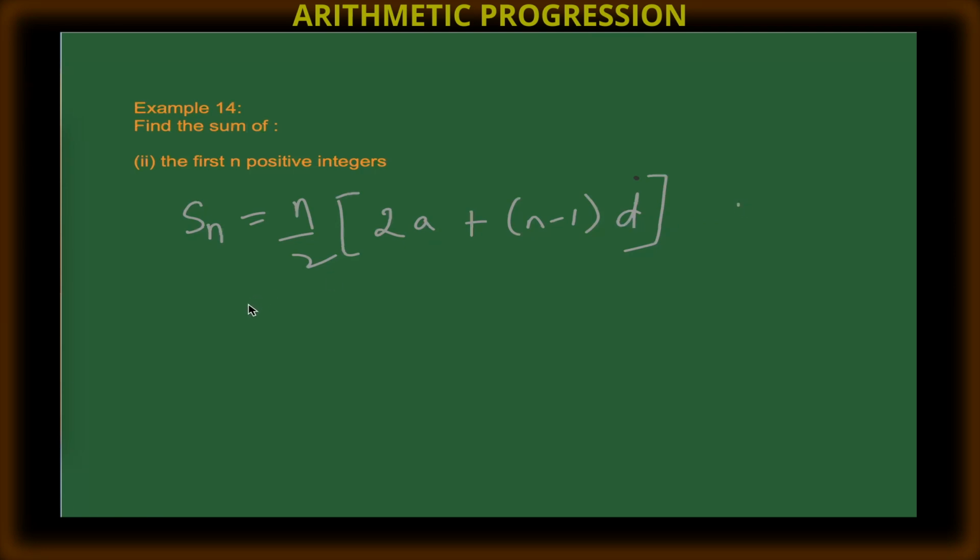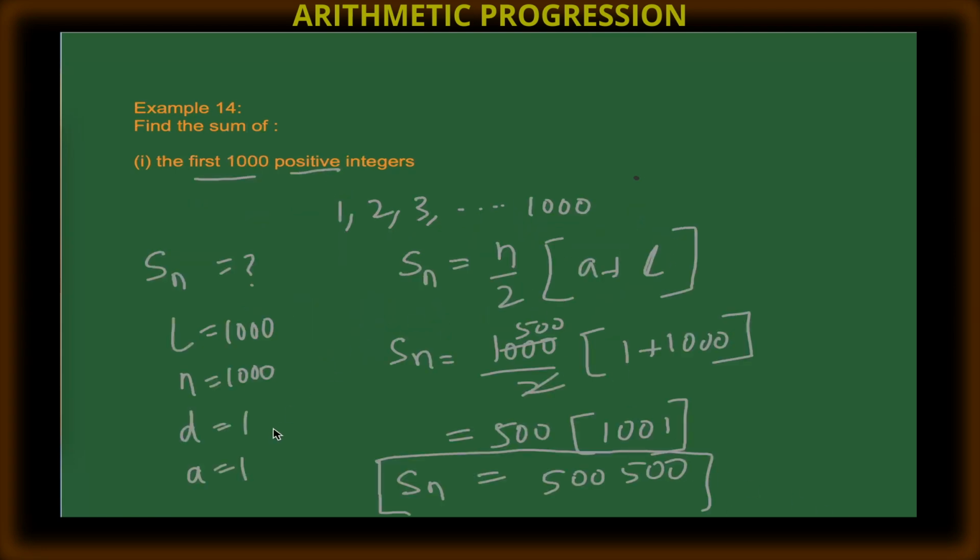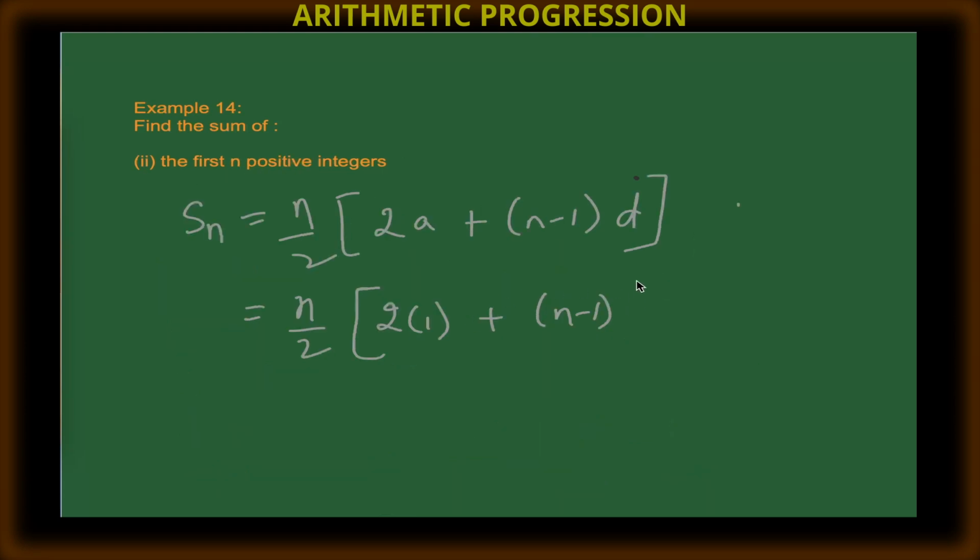Okay, so let's put it in. n is not there, n we need to identify. n by 2, and a is the first term, which is 1, plus n minus 1 times the difference. The difference we have seen in the previous example is 1. So n by 2 into 2 plus n minus 1.